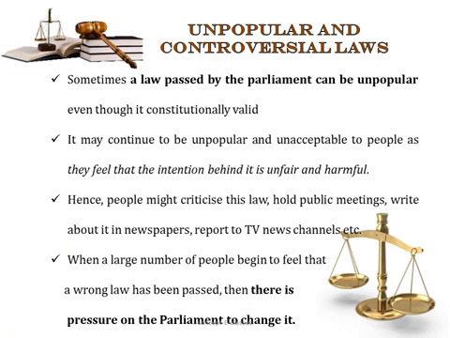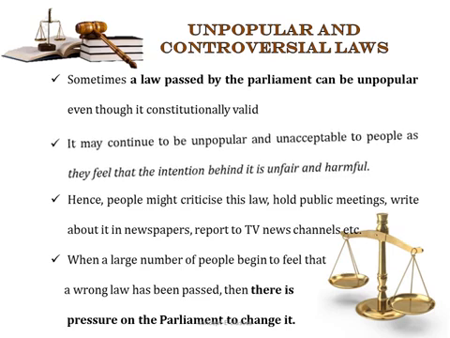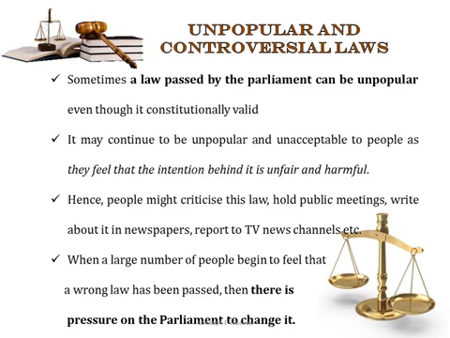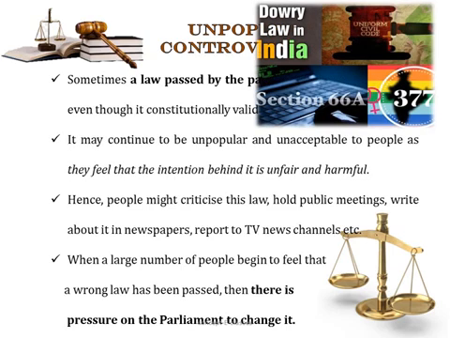So let's now see how laws become unpopular or controversial. Sometimes a law passed by the parliament can be unpopular even though it is legal or constitutionally valid, because the people feel that the intention behind the law is unfair or harmful. So these are some of the unpopular laws that have been passed by the parliament.